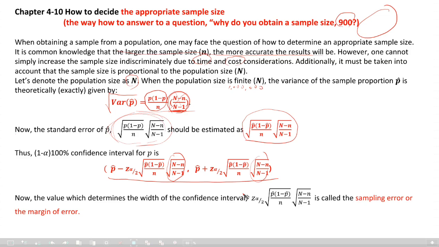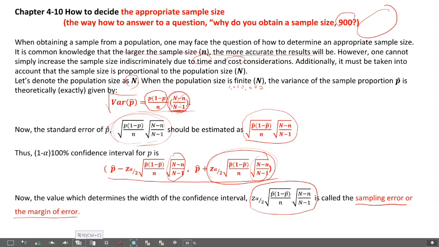Now, the value which determines the width of the confidence interval is this. The width of the confidence interval is actually 2 times this part. So this one is called the sampling error, or margin of error.